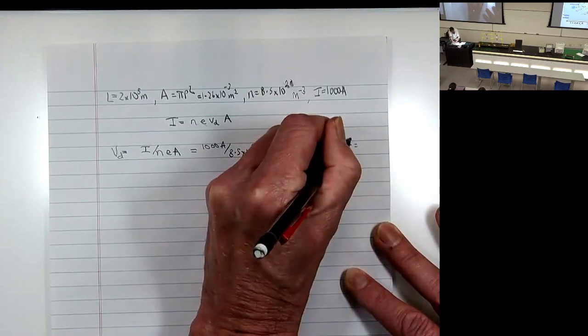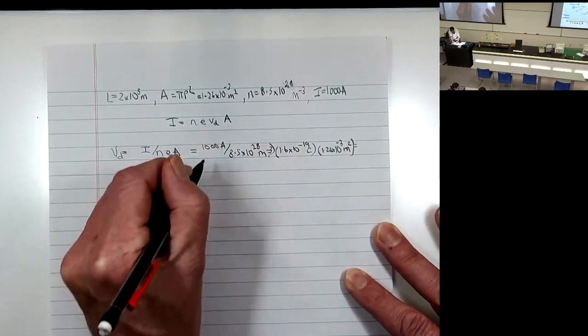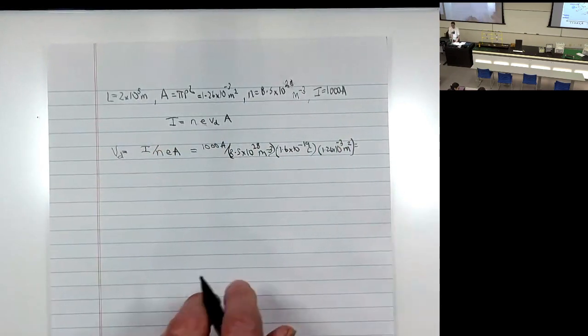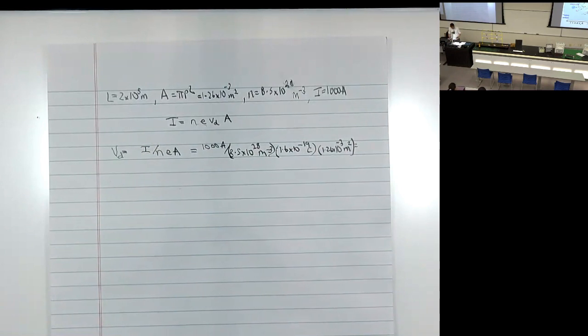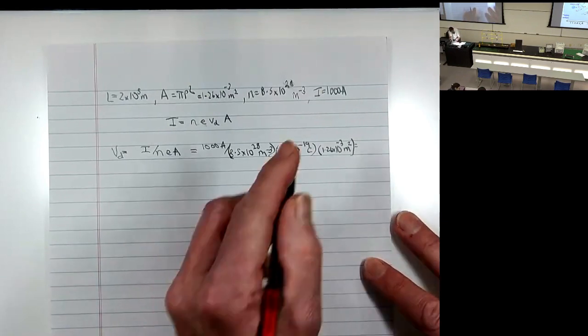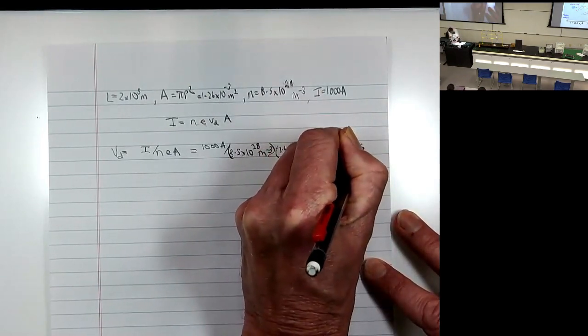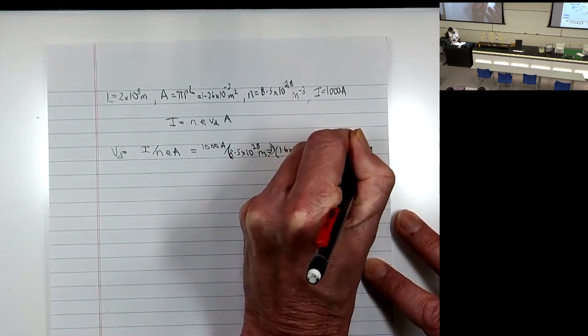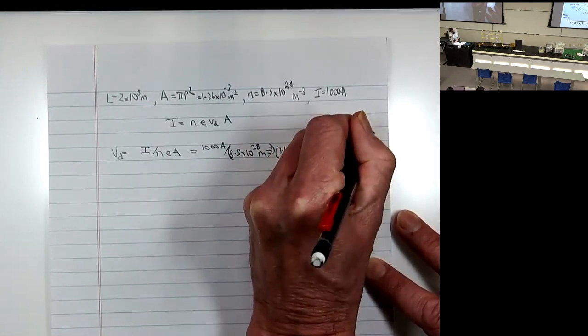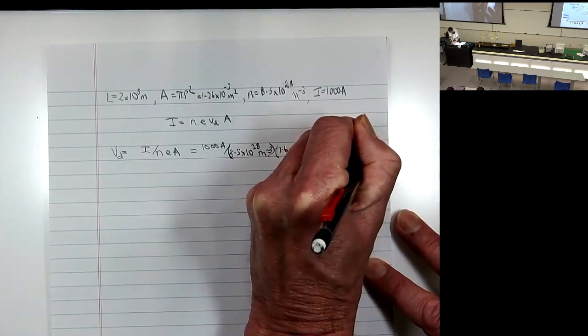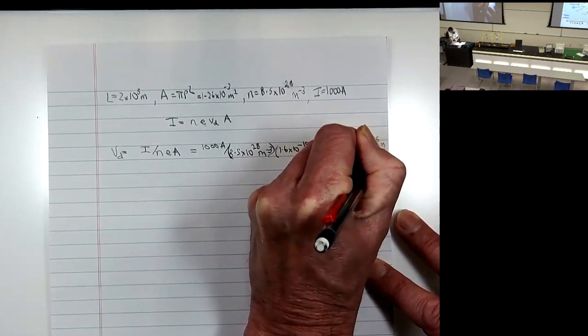And if I multiply and divide out all these annoyingly large or small numbers, I get the speed of the electron, and the speed of the electron comes out to be remarkably small. It's 5.8 times 10 to the minus 5 meters per second.